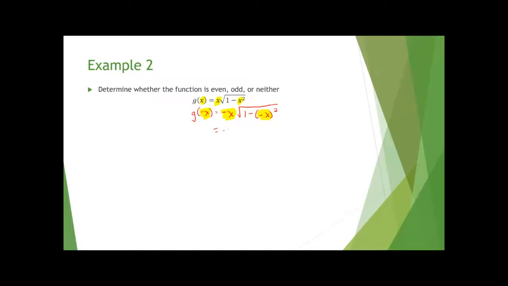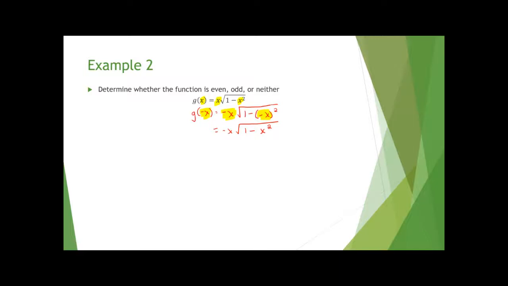So I have a -x in front of my square root, and then I have 1 minus, and if you're squaring a negative, that always comes out to a positive. So that's going to end up with a positive x squared, because a negative 1 squared is a positive 1. So now I have negative x times the square root of 1 minus x squared.